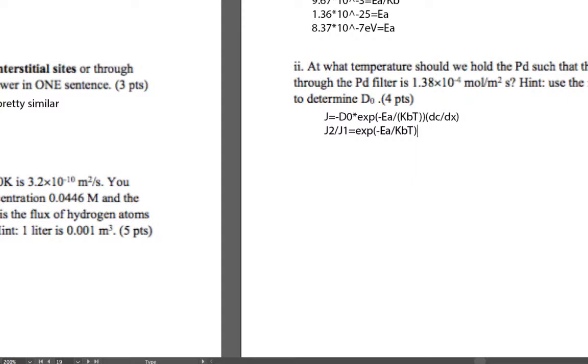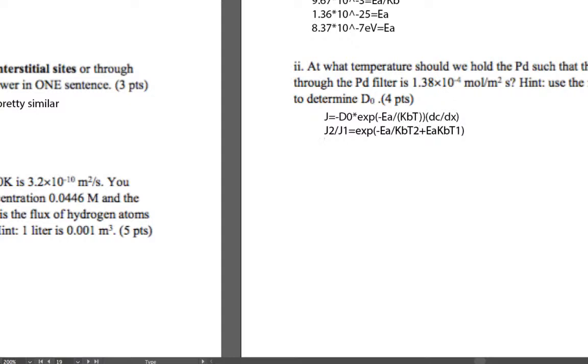And by the way, the dC over dx would be a constant, because we don't actually change any of those, so we don't need to care about that. So we got that plus the EA of KBT as well, but this one is 1, and this other side here would be 2. Good.